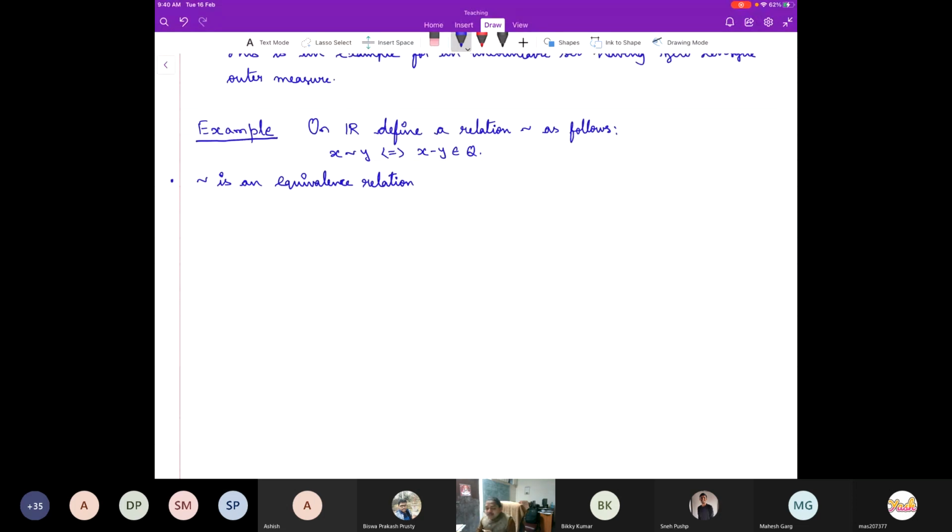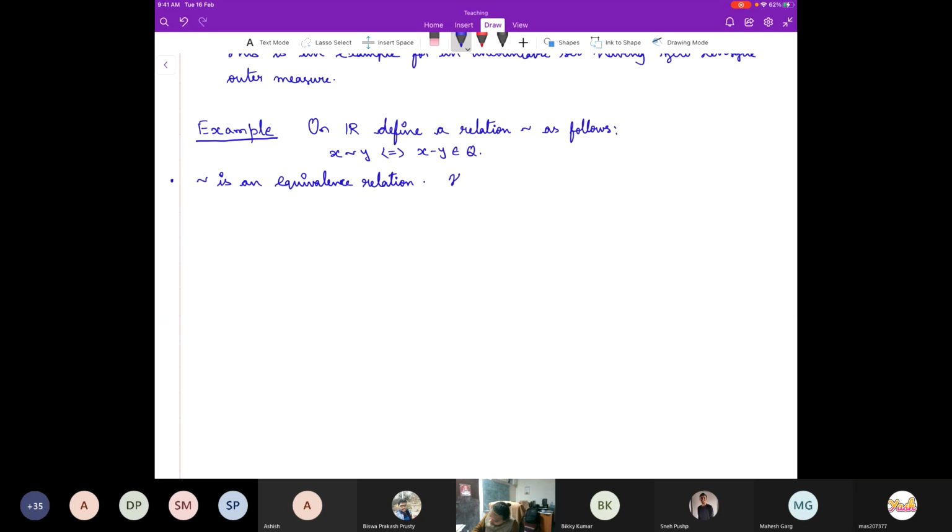So what is the property of the equivalence relation? It partitions the set. In fact, this is an equivalence relation.